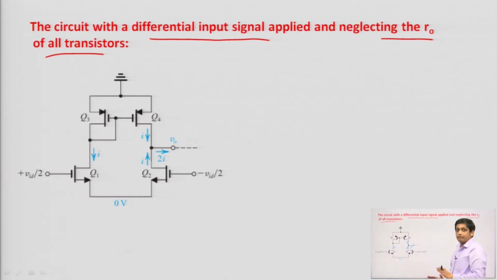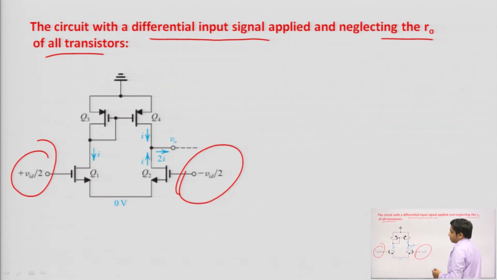But in discrete circuits we can neglect this R naught. Now, see again the input signal is applied in the differential, complementary manner. Complementary manner means at the gate of Q1 plus VID by 2 and at the gate of Q2 minus VID by 2.